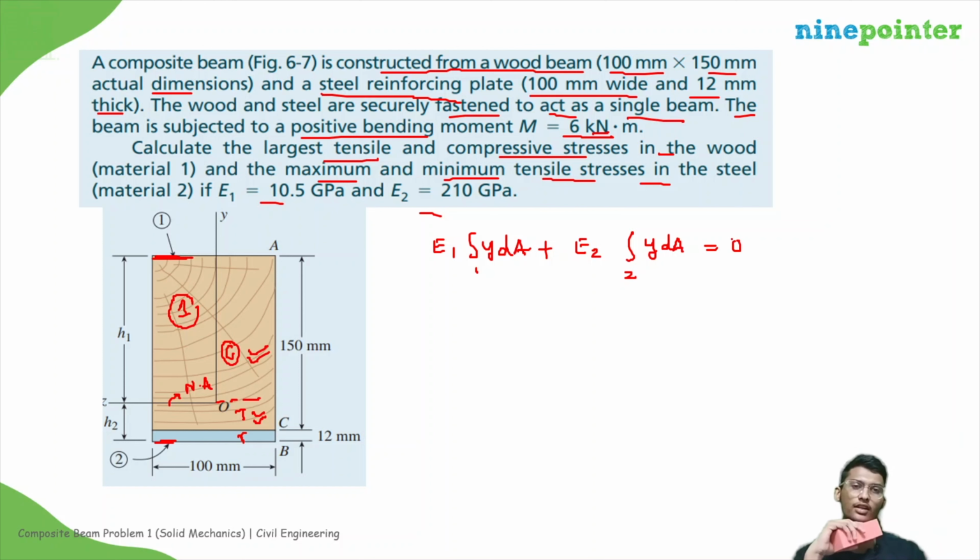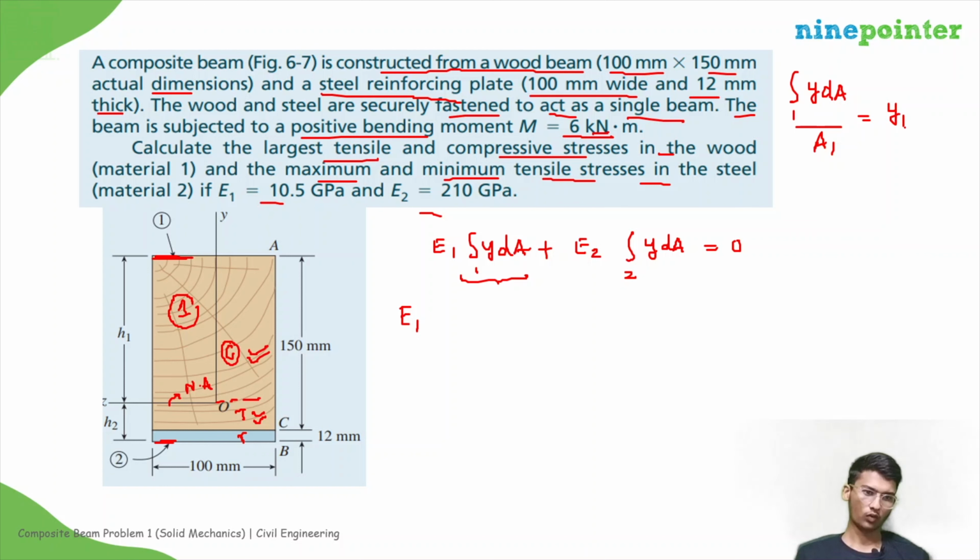From this we can calculate the location of the neutral axis. So we can write this as E1 into, we know that, if you write integral 1 y dA divided by A1 will give us y1 center of mass, right? So integral 1 y dA is equal to y center of mass of 1 into A1, right?